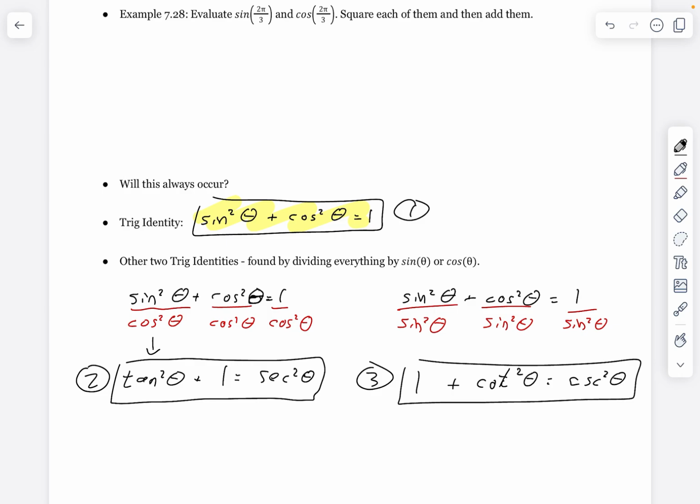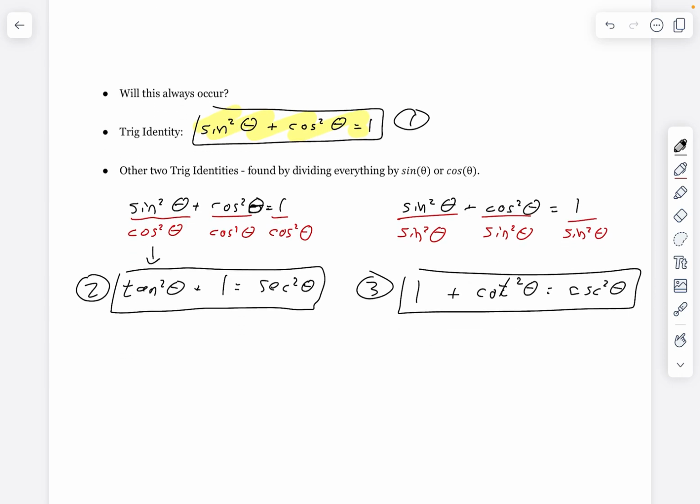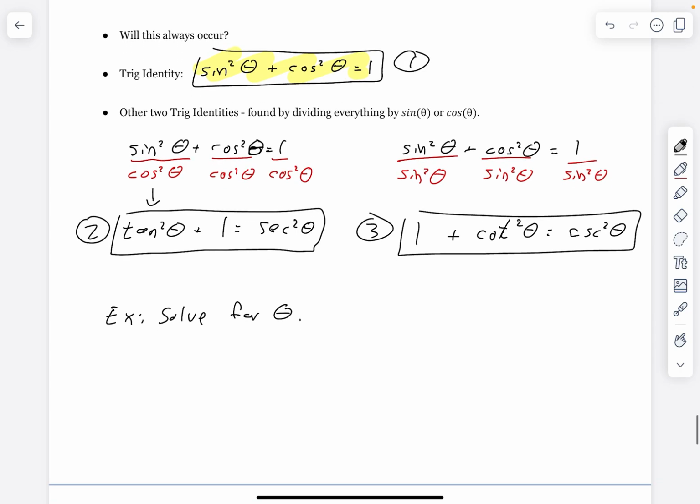Okay, so now we're going to see how to use this. In the notes from the last homework, you had sine squareds and cosine squareds on number 1 and number 5, but they didn't have any other trig functions. If, for example, we have to solve for theta on this equation, sine squared theta plus 2 sine theta, looks the same as last class, equals cosine squared theta, from negative pi over 2 to pi over 2.